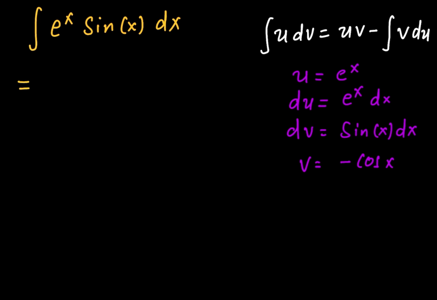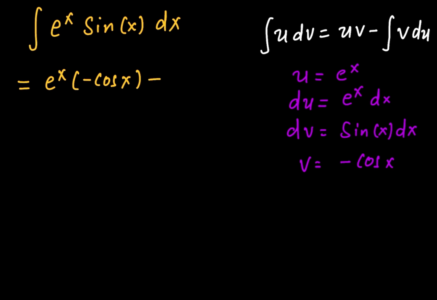So we will have e to the power x multiplied by minus cos x plus the integral of cos x. Now since we will have two signs here, let me just redo it.